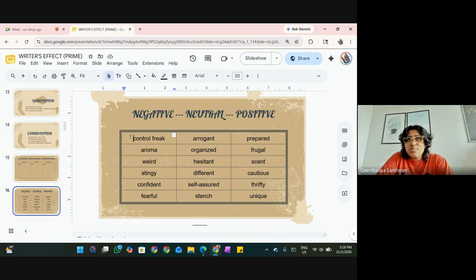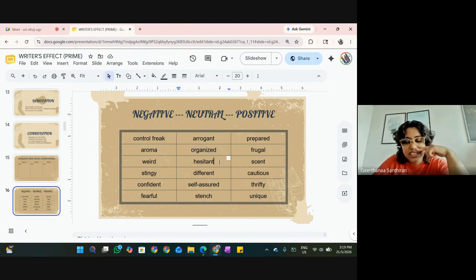But it is also someone who has a plan, like who has a list of things that should be done. Like they probably know what they're doing. And so if you know what you're doing, but you're not controlling everybody else, then you would just call yourself prepared. And there's also organized, right?